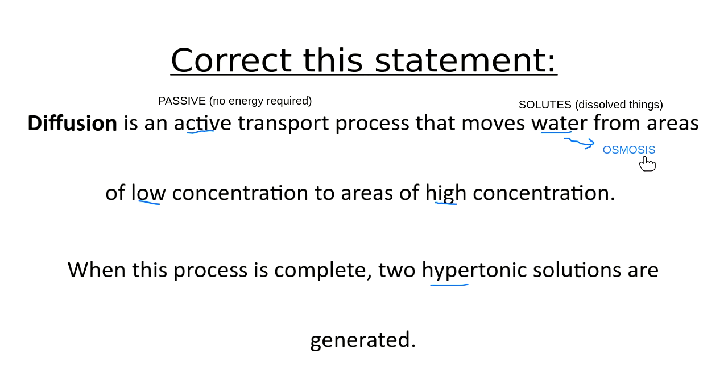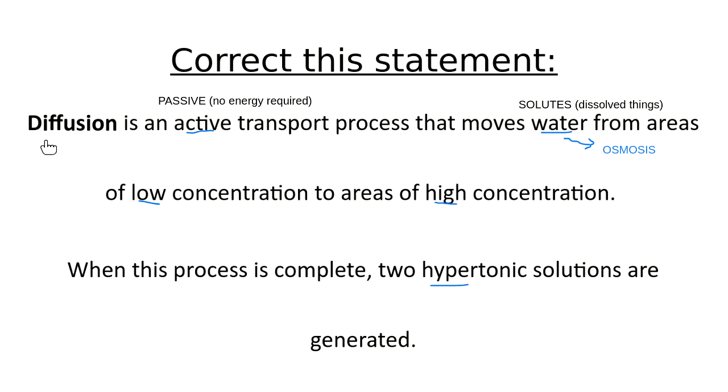Hey, but remind me, osmosis, is that an active or a passive transport process? If we're doing osmosis, the movement of water, yes, that is also still a passive transport process. So if we wanted to talk about water moving, we would still have to fix this to say that it's passive transport, and we would change our first word here to osmosis.